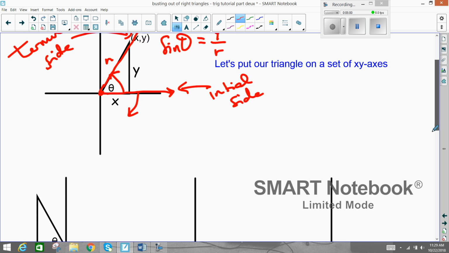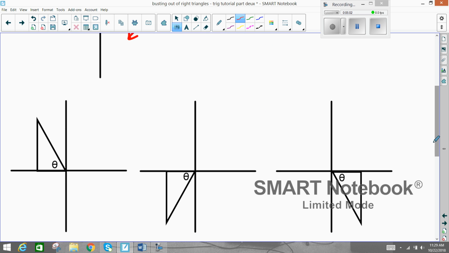And what we're going to do here is take this triangle that we originally had and flip it over the y-axis. So that allows us now to discuss that angle there. Initial side, terminal side, but now our trig ratio falls in the second quadrant.